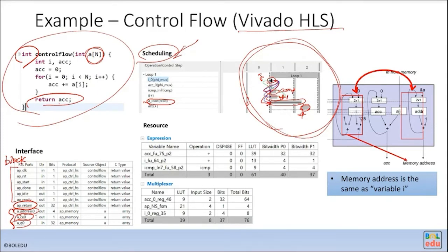In the tool, when you click one, it will show the source code. The tool is quite friendly compared to the previous version I used, 2019.2, which doesn't link to the source code. But in 2020.2, the tool version you are using, when you click one, it will link to your source code.